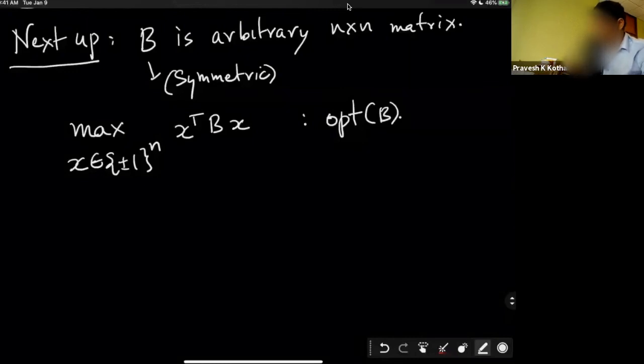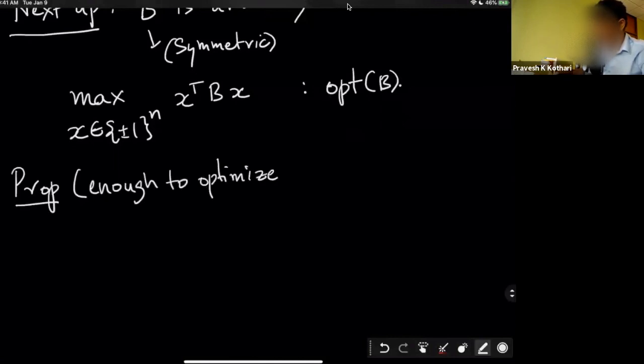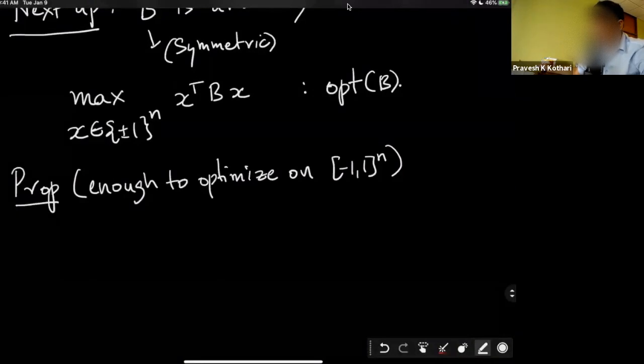Okay. So the first observation I want to make about this problem, let's title this proposition, is that it is enough to optimize on the solid hypercube. Instead of the corners of the hypercube, plus minus 1 to the n, I'm now going to show you that without loss of generality you can optimize on this larger set and lose nothing.